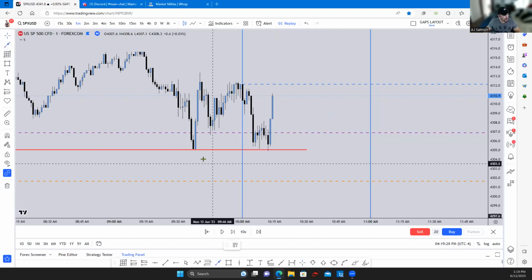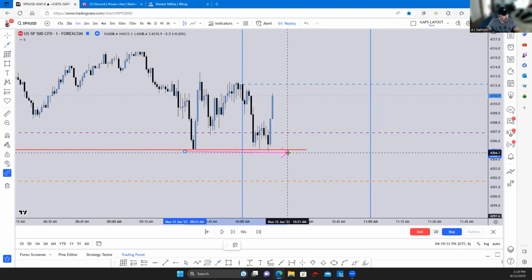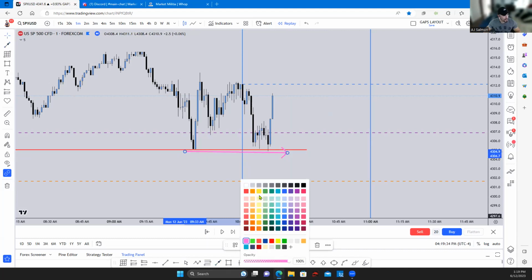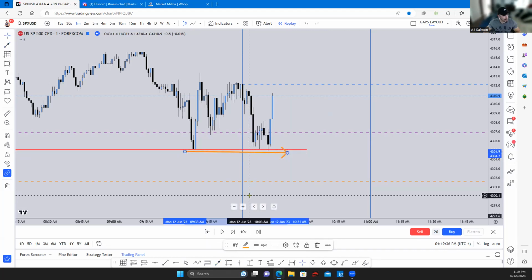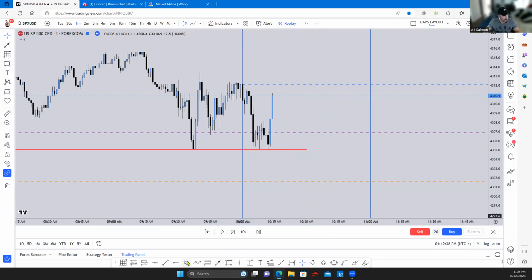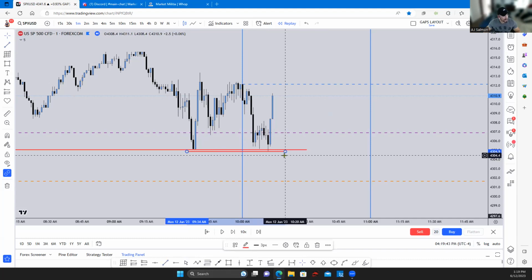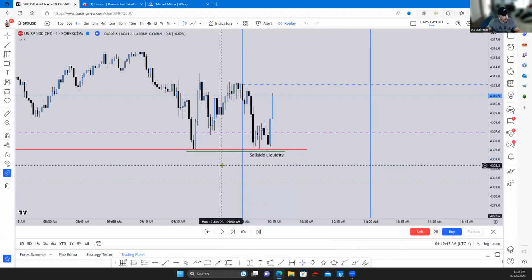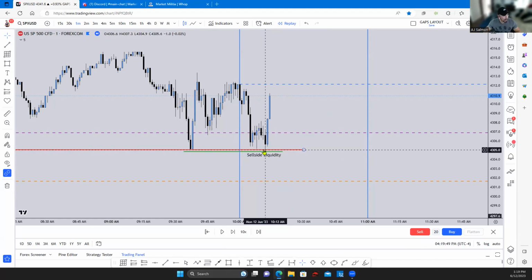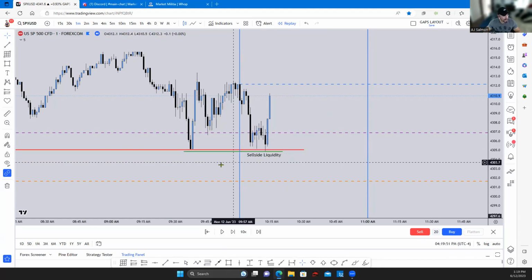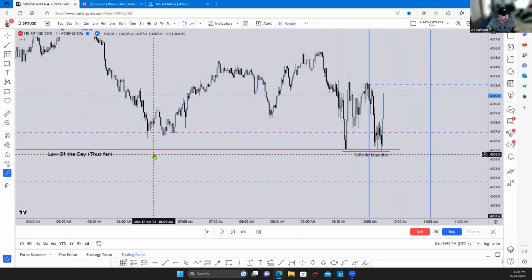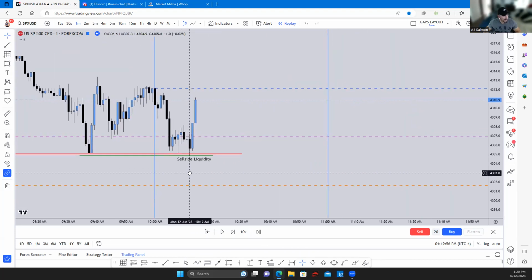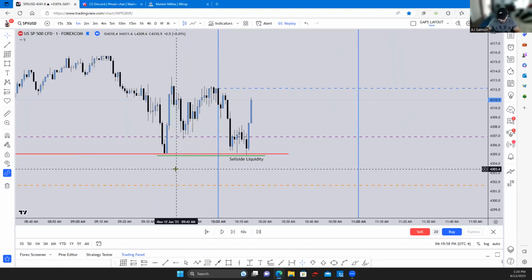So this is now also a form of sell side liquidity resting under here. It's a form of sell side liquidity, because we have relatively equal lows here, paired with the low of the day so far, or the Asian lows, London lows, whatever you want to call it.